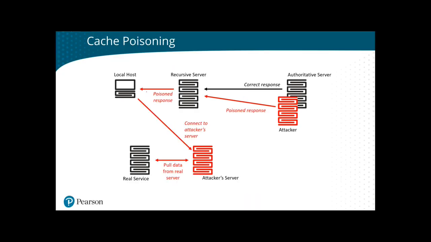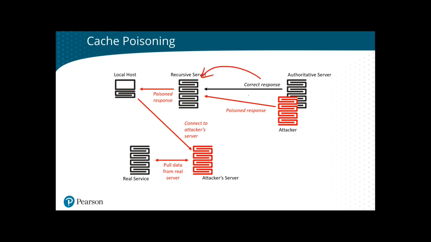The first problem we run into in DNS is what's called cache poisoning. If a local host sends a request to a recursive server, the recursive server jumps through the root and TLD and gets to the authoritative server, which responds with a correct response.